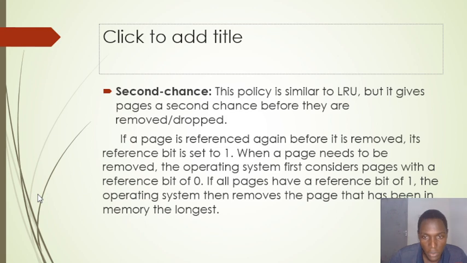The one that is referenced or accessed has its bit set to 1, and the one that is not accessed has its bit set to 0. So if your bit is 0 on checking, then you are removed. If it is more than 0, then you are kept in the page tables.